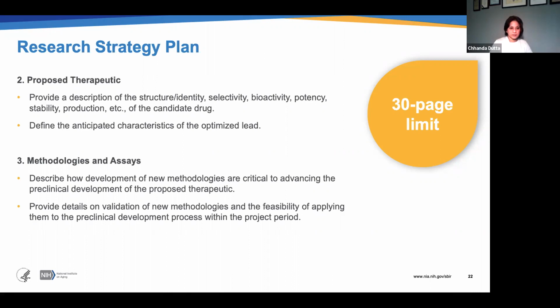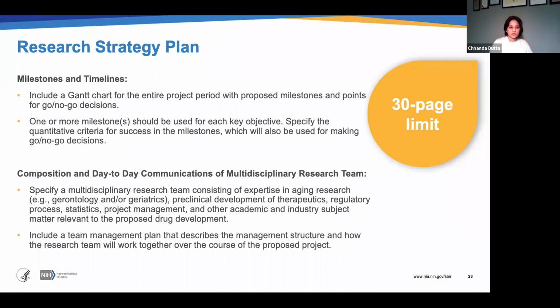Next slide, please. Research strategy plan continued: milestones and timelines, and composition and day-to-day communications of the multidisciplinary research team. Many of you are well aware with the SBIRs that milestones and timelines are a critical part of SBIR applications. It's the same for the U44 program.